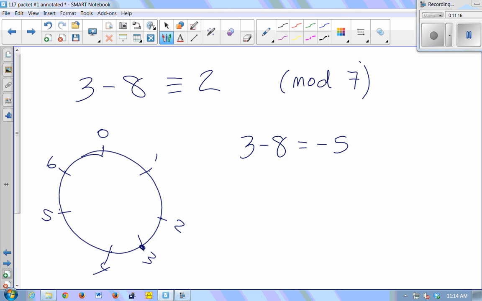So if I add 7 here, because that's my modulus, then 3 minus 8 is equivalent to negative 5 plus 7, which is 2. So you can do it 2 ways. You can draw yourself a clock, or you can do it in standard arithmetic and then add or subtract the modulus until you get a number that's on your clock, 0 through 6.